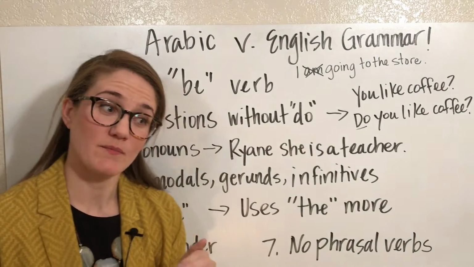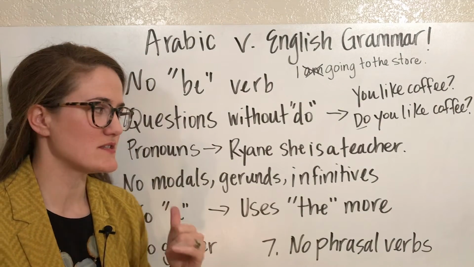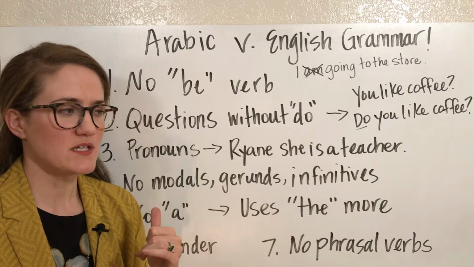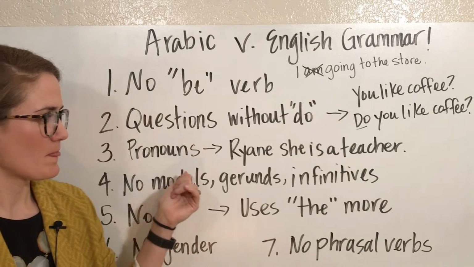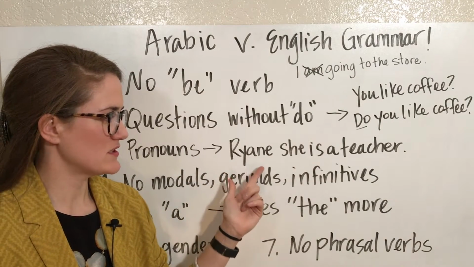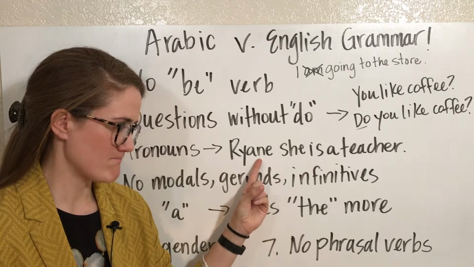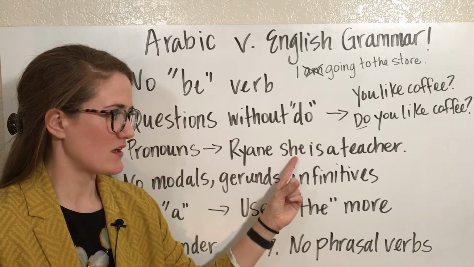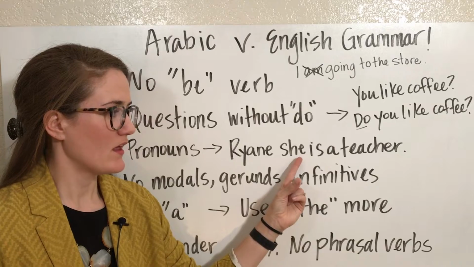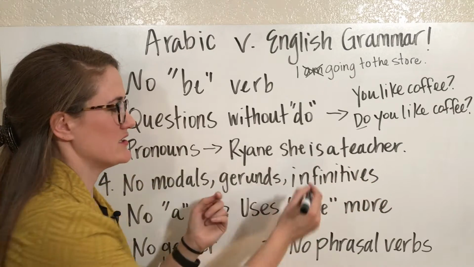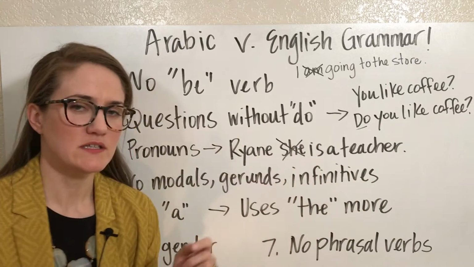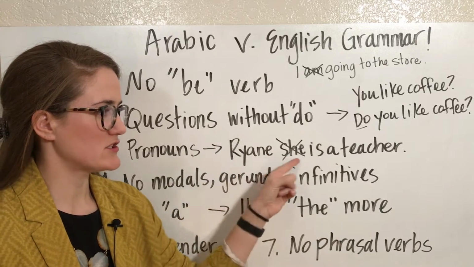Okay, number 3. I've seen my Arabic speaking students make this mistake many times with pronouns. In Arabic, you can say my name, and then you can say my pronoun, and then continue. But in English, we don't need this. We don't need to say, Ryan, she is a teacher.